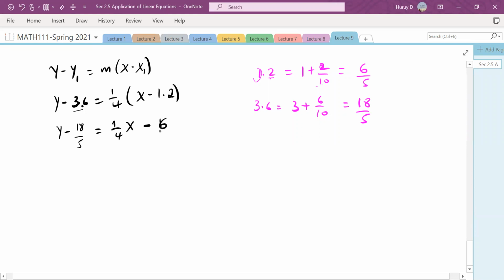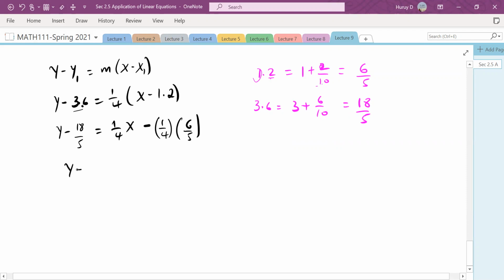And this is 6 over, well, I have to multiply it. So we get 1 over 4 times 6 over 5. Now we need to simplify because we have too many fractions.